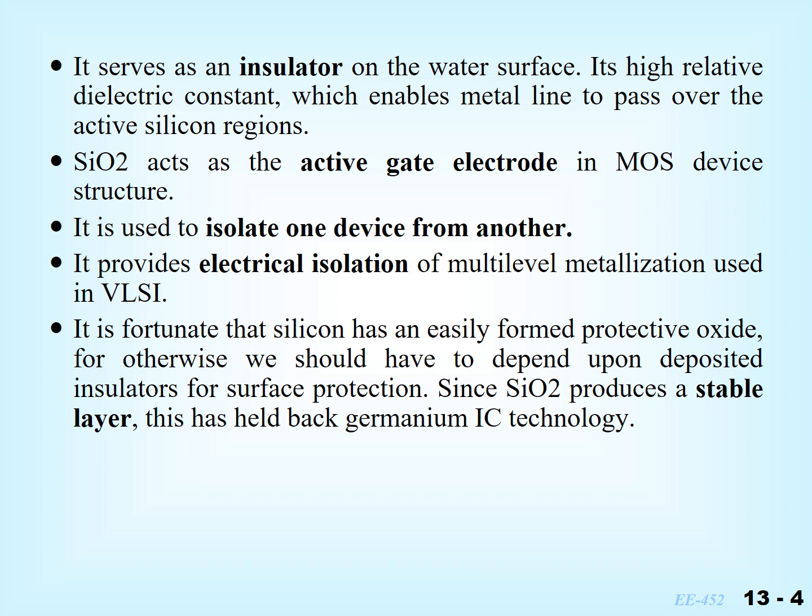And it is rightly said that we are fortunate to have silicon and a good silicon dioxide, which can be easily made and is very stable as compared to germanium oxide. The reason behind this is that the silicon lattice is actually 40% more densely packed as compared to the germanium lattice. That is why, when we create an oxide layer on silicon, it is more stable as compared to germanium oxide.